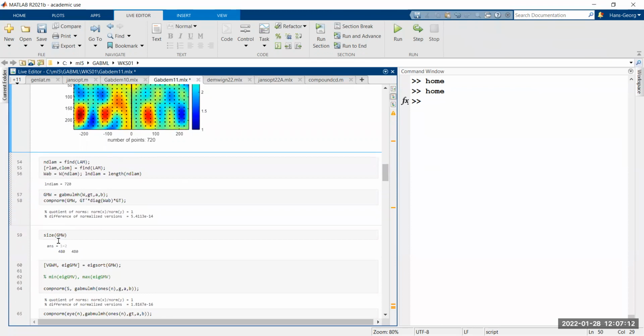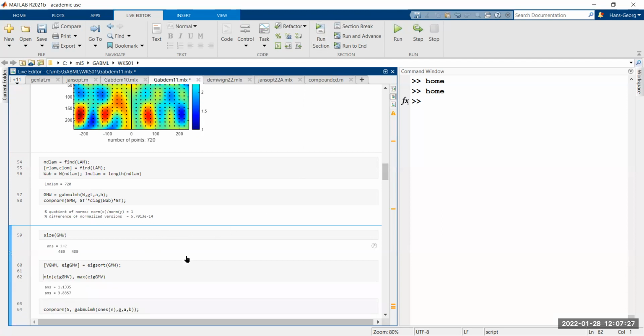So I can reactivate it. I have changed the weight and I was not rerunning the code here. Let me do it once more with the new weight. And then let's see, that should work. Yeah, you see here. Now everything is correct.